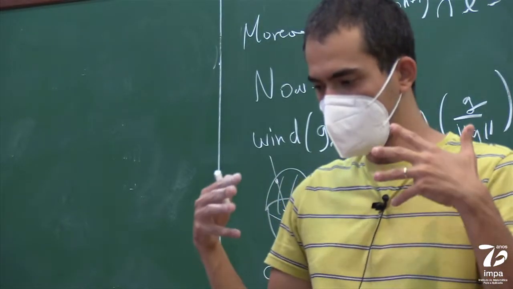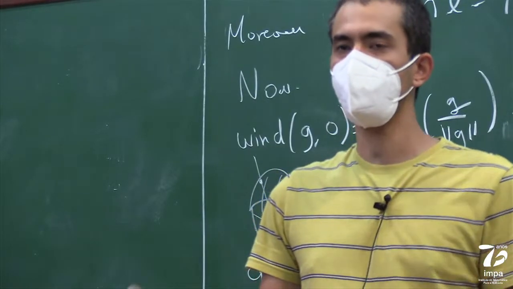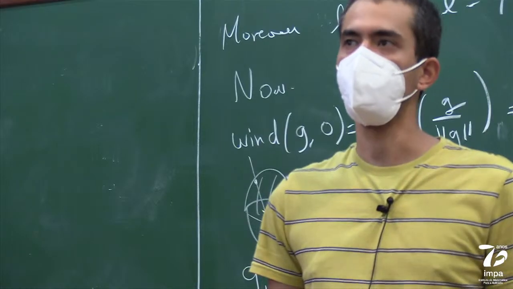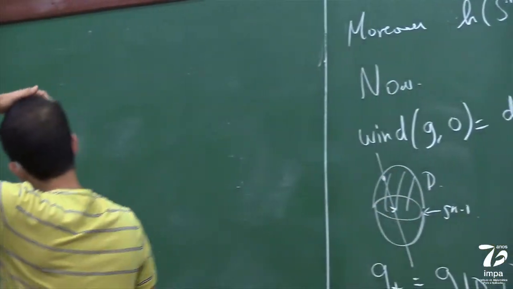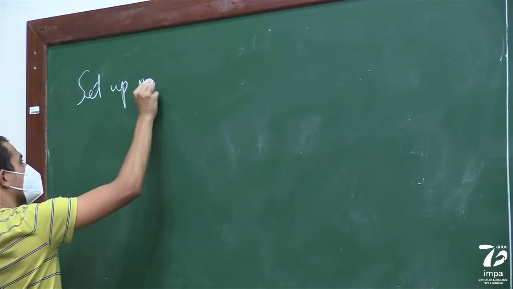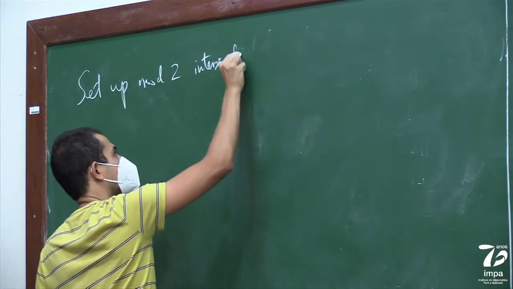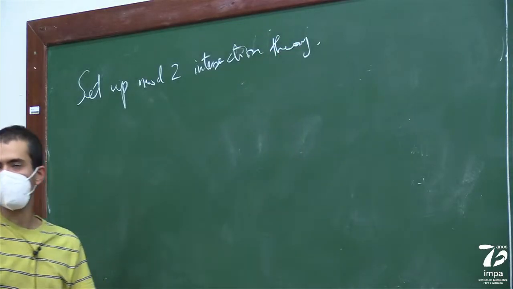But from a non-oriented perspective, these things don't come with an orientation, but the boundary of a compact one-manifold has an even number of points. So that's 0 mod 2. Okay, so basically, you have to set up the mod 2 intersection theory. But it's exactly the same thing.